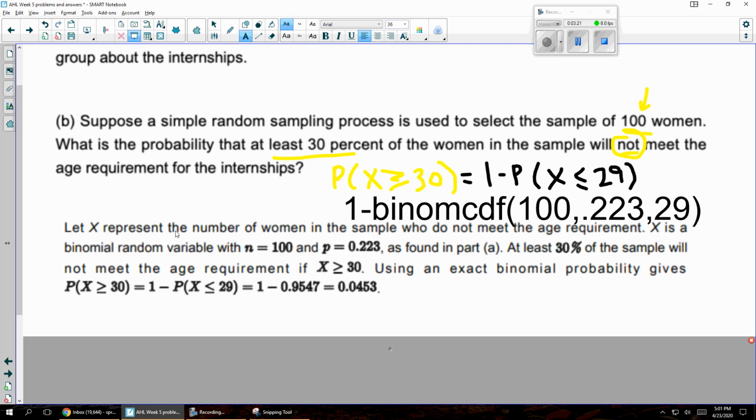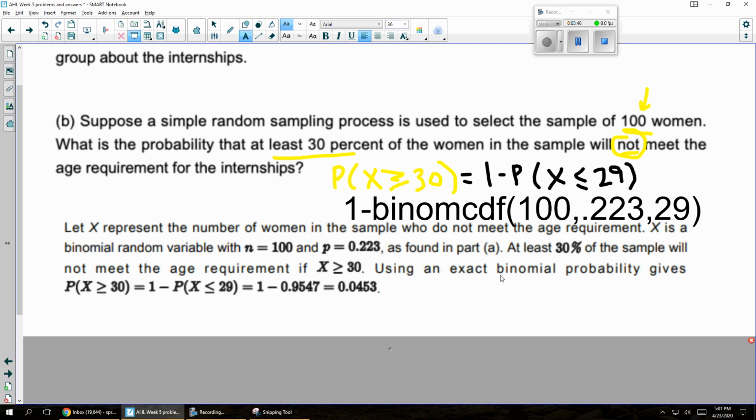So they used a lot of words to say that. Let X represent the number of women in the sample who don't meet the age requirement. This is binomial with that N and that P from part A. At least 30% means at least 30 of the women, because there were 100. So this 30 is 30 women. If this had been 200 women, this would have to be a 60.